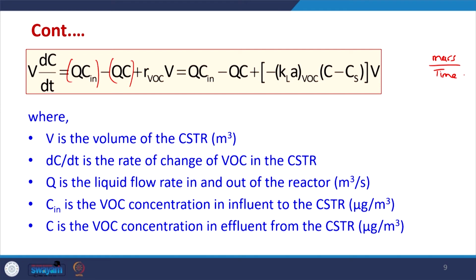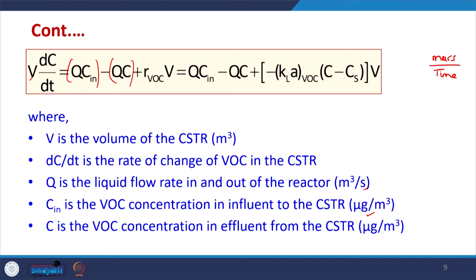First, the accumulation is given by V multiplied by dC by dt, where C is the concentration, in microgram per meter cube if you are assuming, and we are multiplying by volume. So, it becomes microgram per unit time. If we are taking seconds, it will be microgram per second, which is the unit for each term of the whole equation.